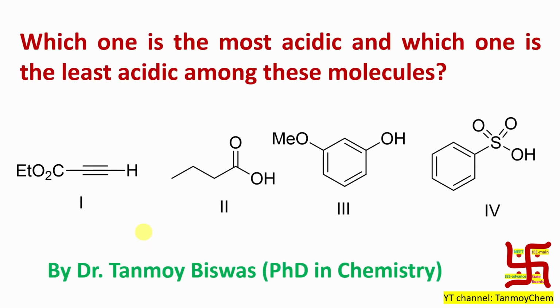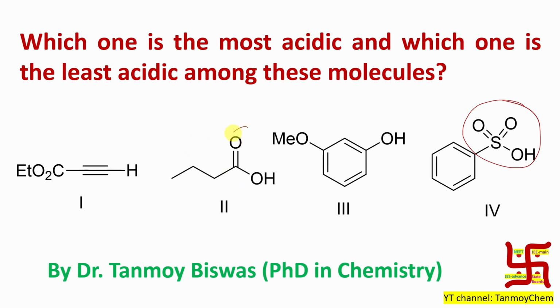So anything could be asked in your question. I have already explained the logic behind their acidity and how the conjugate base is stabilized. This is the overall discussion. I believe this video may be useful. By the way, if you get this question in your exam hall, remember one very important statement: sulfonic acids are very strong acids. Their acidity is equivalent to inorganic acids, very strong compared to normal.